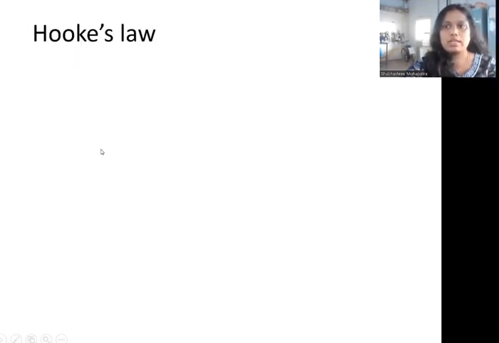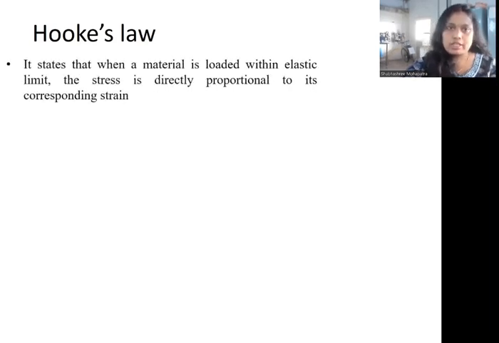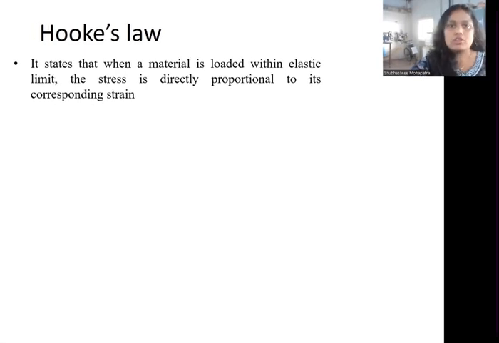Then Hooke's law. According to the definition, it states that when a material is loaded within the elastic limit, the stress is directly proportional to the corresponding strain. Then again there is a term, elastic limit. What is elastic limit?